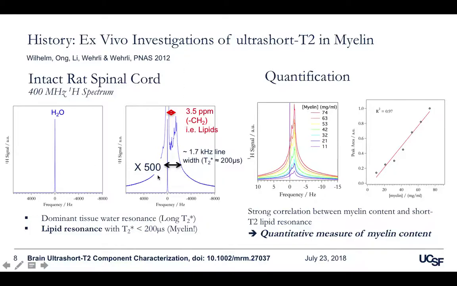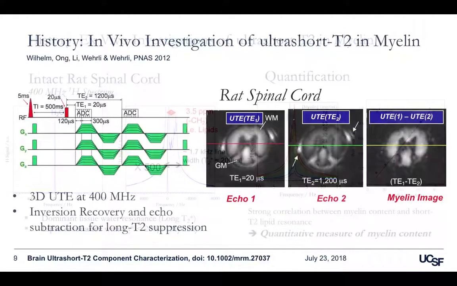It's a complicated spectrum because it's not simply the methylene group, but this is nice confirmation that there is a chemical shift. They also show a strong correlation between myelin content in samples and the amplitude of this resonance, really setting the stage that this could be a very quantitative measure of myelin content.